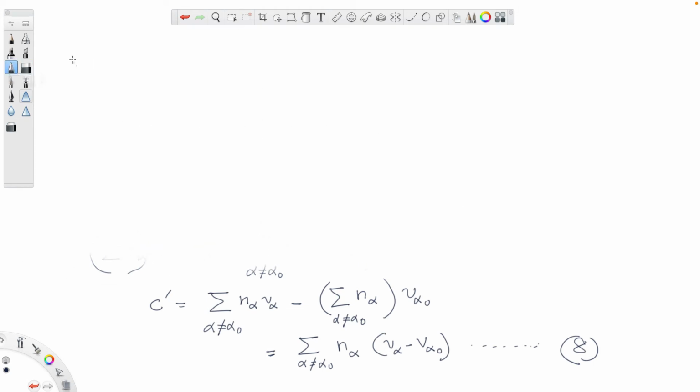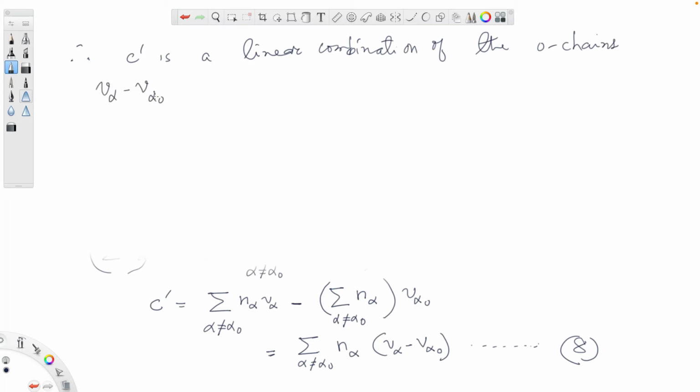Therefore, C prime is a linear combination of the zero chains V alpha minus V sub alpha 0.